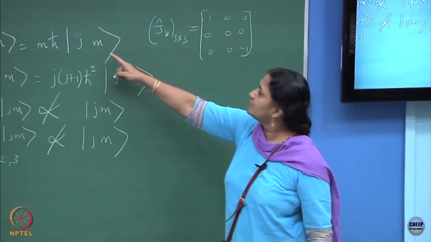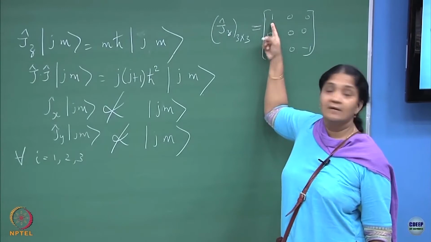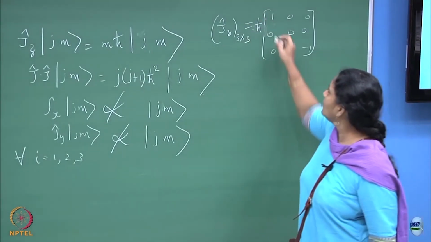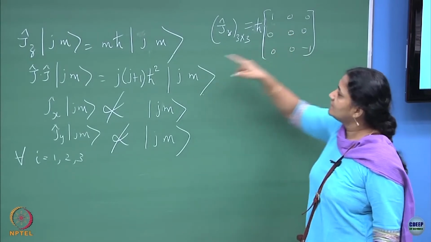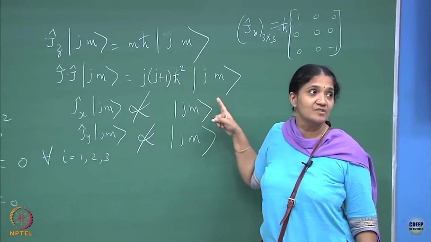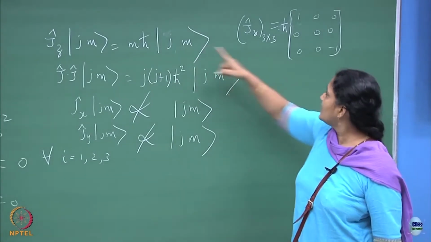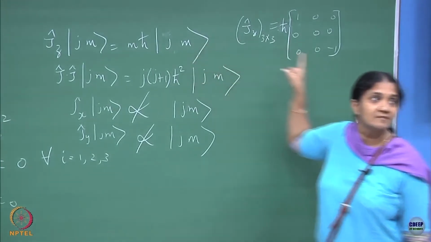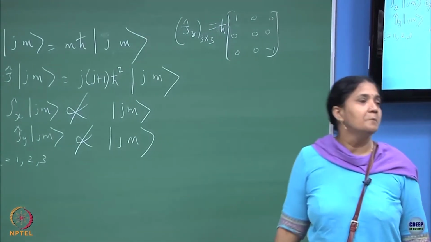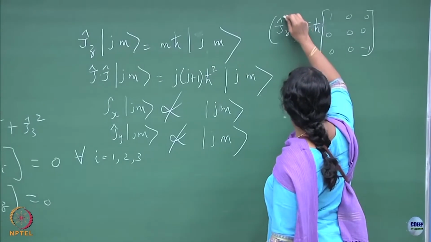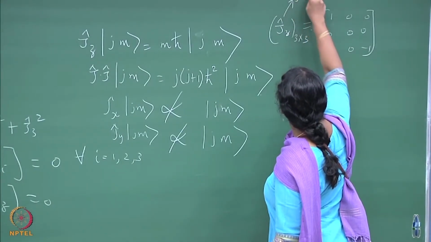If m is j, it will give you plus 1. Of course, I have suppressed the h cross; if you want I can put the h cross. And m is running from minus j to plus j. So if m is j, it is 1, if m is 0, it is 0, and if m is minus j, it gives you a minus 1. This corresponds to j equal to 1.